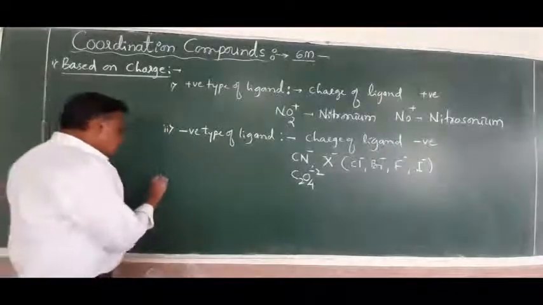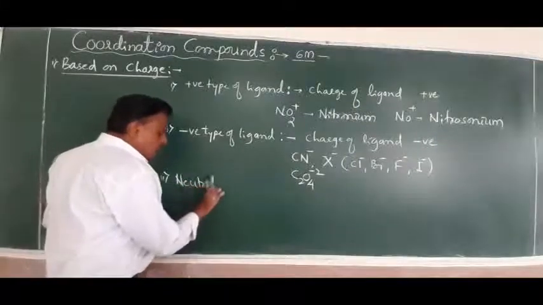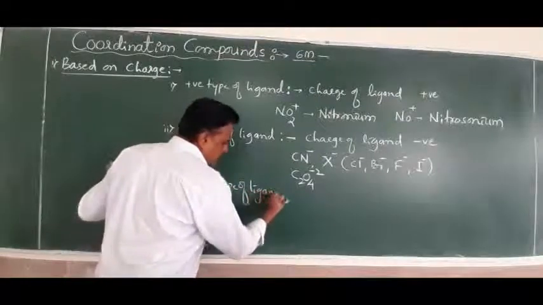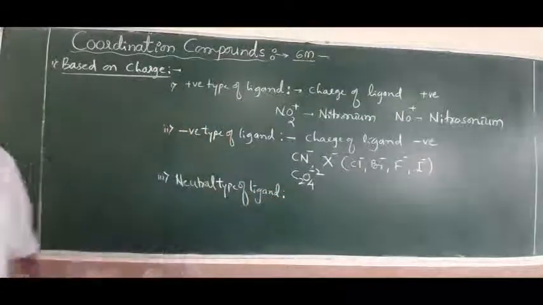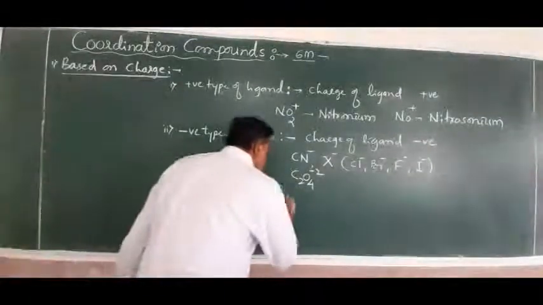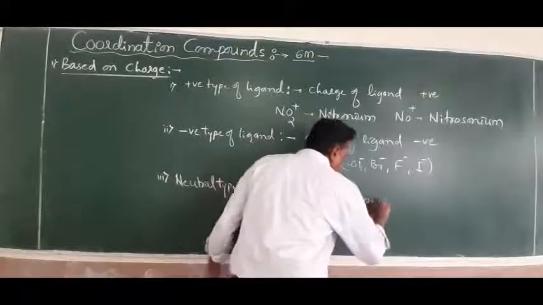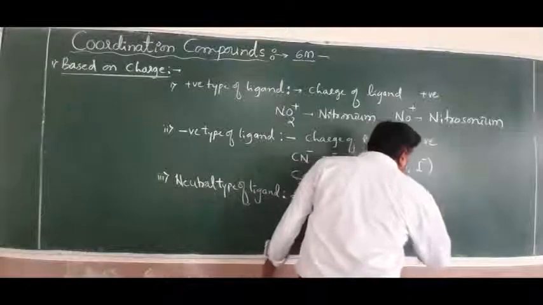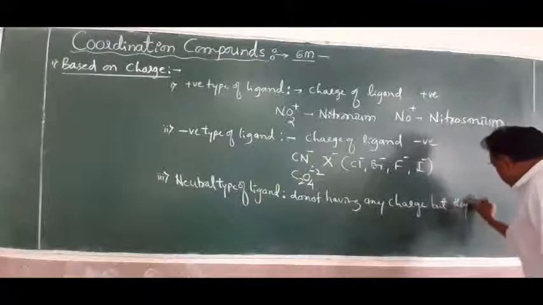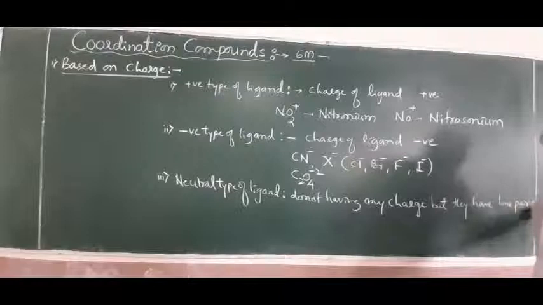And the third one is very important, the neutral type of ligand. What are neutral type of ligands? These are the ligands which do not have any charge, but they have a lone pair of electrons.